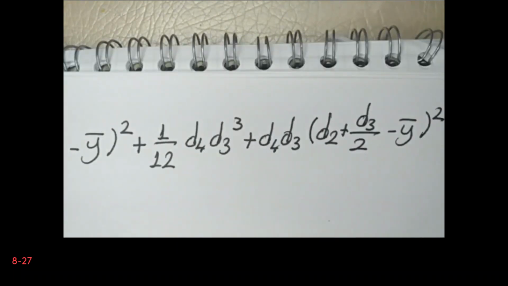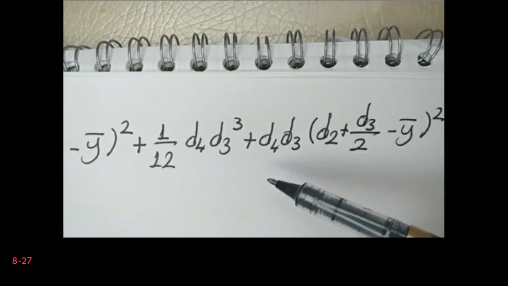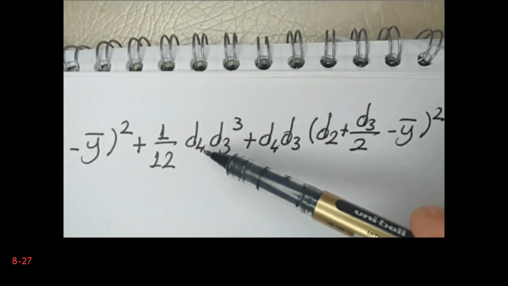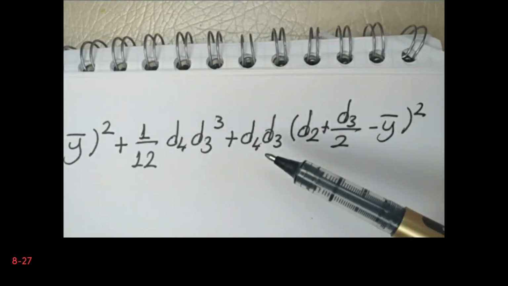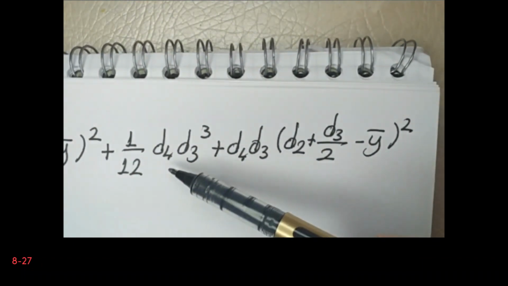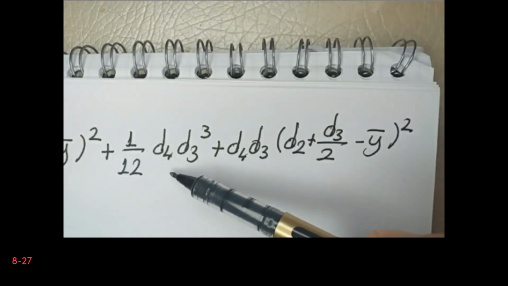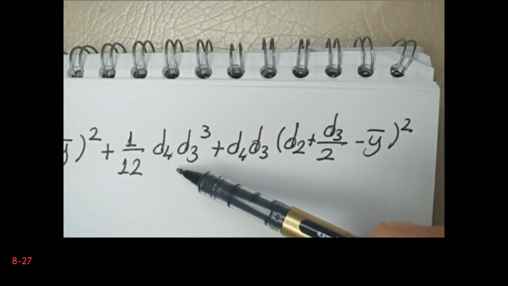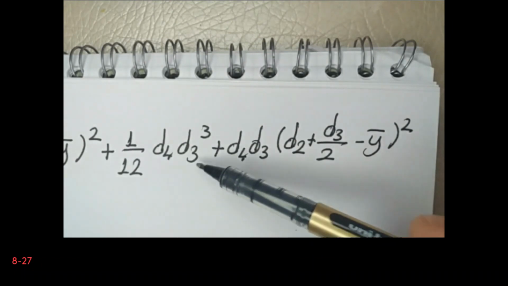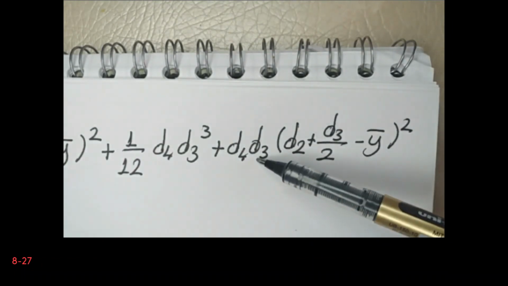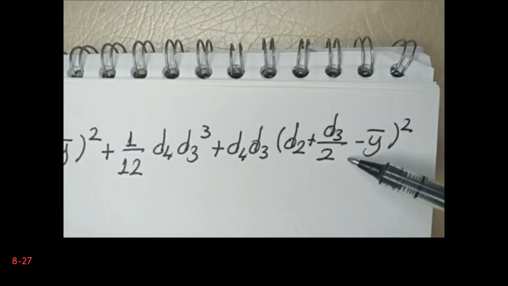So this is the moment of inertia of the area with respect to its central axis, and then we shift it. It is the area multiplied by the distance of its central axis to the neutral axis.